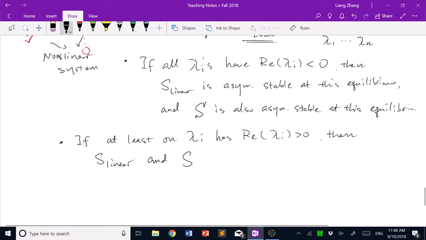And this also implies that the nonlinear system, both of them, are unstable at this equilibrium. And when we talk about stability, we always have to point out what is the equilibrium you're focusing on.